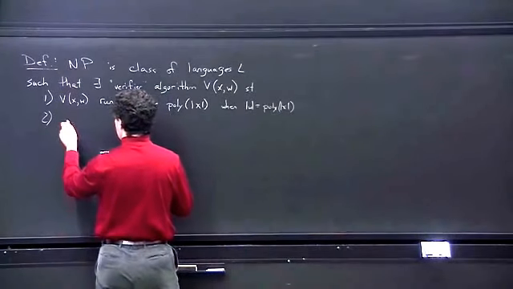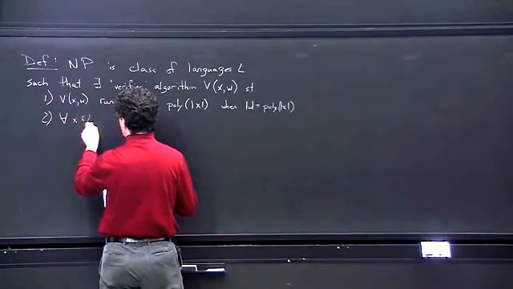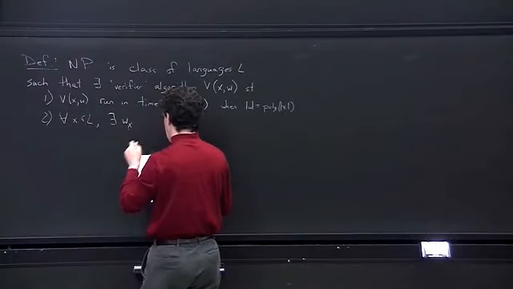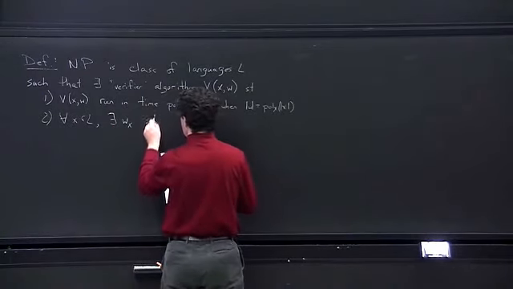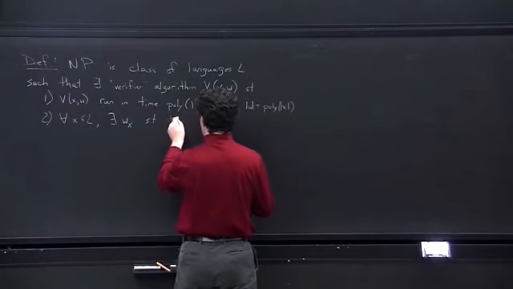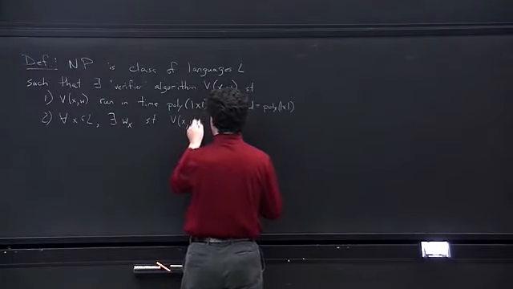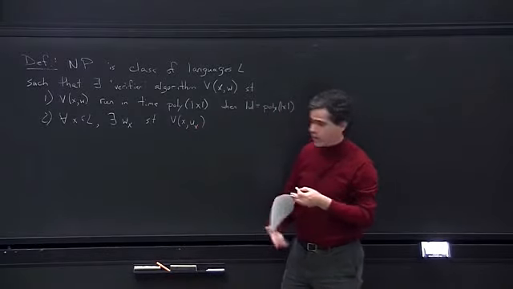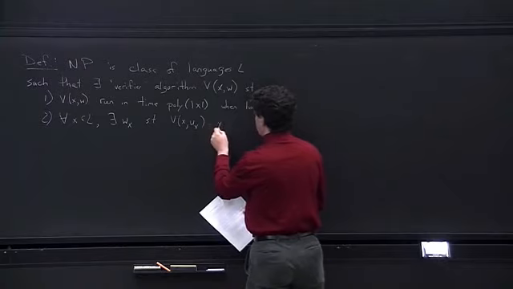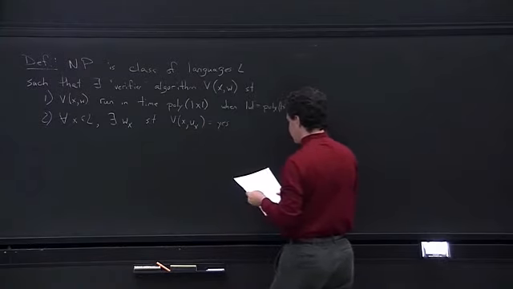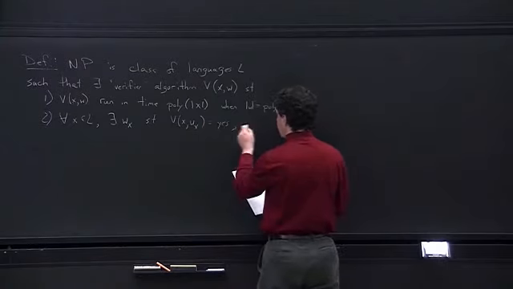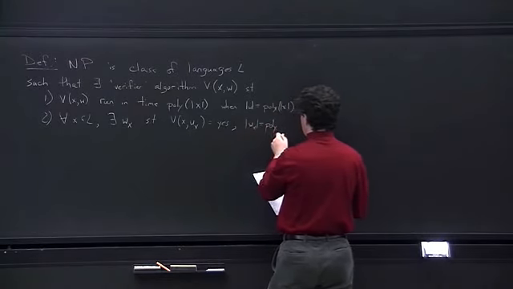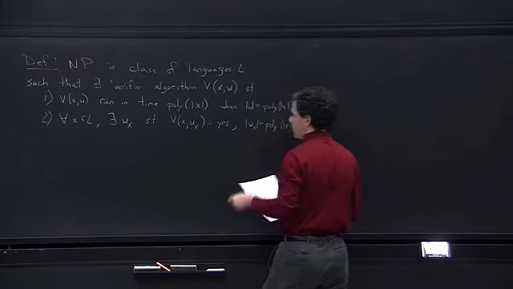Second, if x is in the language, there should exist some w_x such that this verifier applied to x and this special w_x outputs yes, and the size of w_x is polynomial in x.